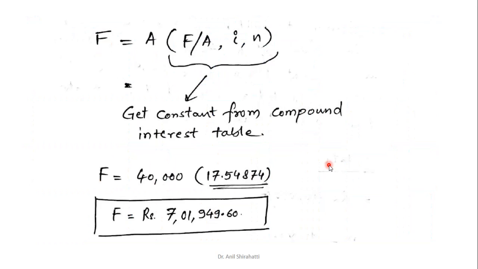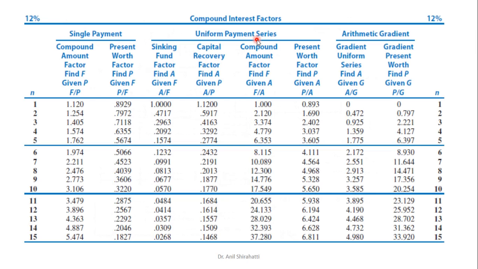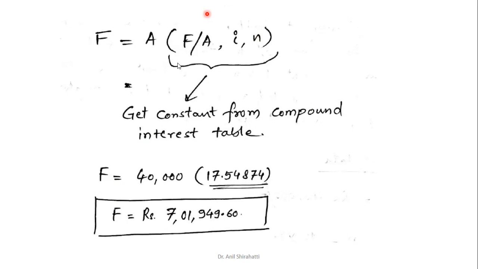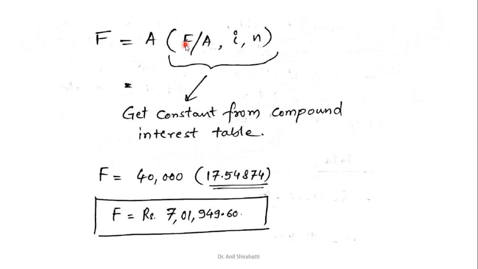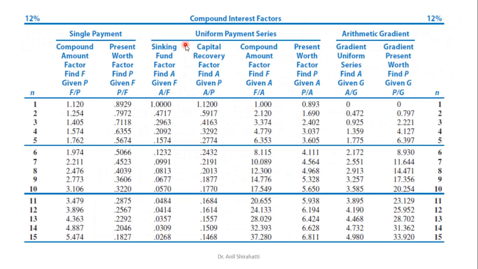So let's do the first one here. What is F by A, I comma N? What is the value for I? I is 12% and N is 10 years. If I see this table, we are interested in the F by A column of constant values. First you go to the table of 12%.